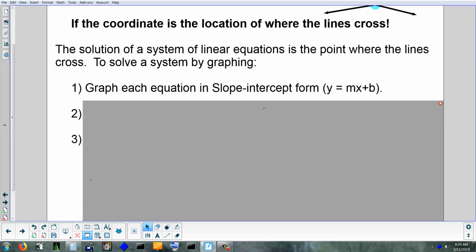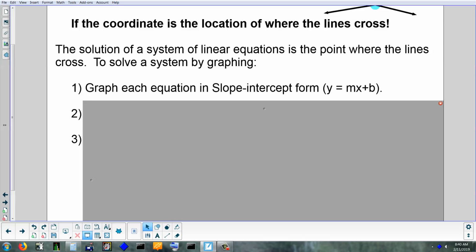To be able to solve, what we did before, guys, when we gave you the coordinate, it didn't matter if y was by itself. You can just plug the numbers where the x and the y are and solve. If we say you have to graph these two lines, then you've got to make sure that each equation is in slope-intercept form.